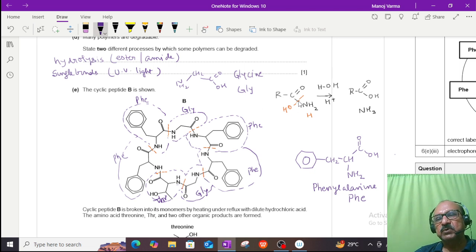Then you have to break the CONH bond and attach the OH group to the CO.